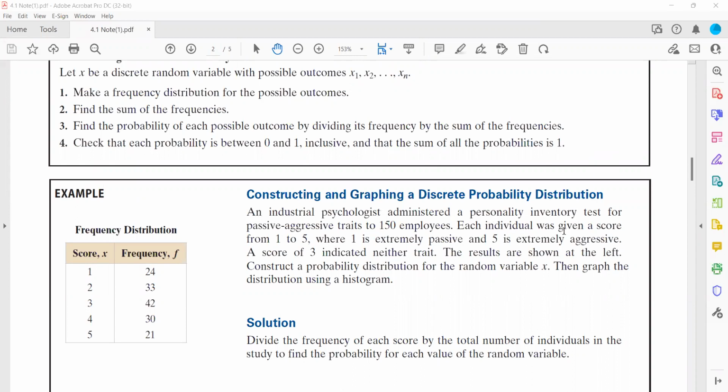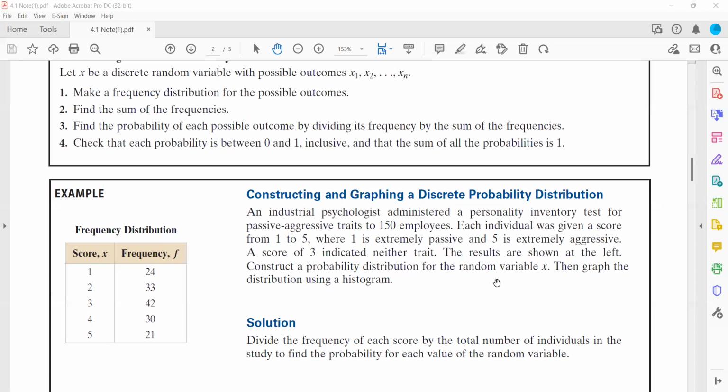Each individual was given a score from 1 to 5, where 1 is extremely passive and 5 is extremely aggressive. A score of 3 indicated neither trait. The results are shown at the left-hand side. The question says, construct a probability distribution for the random variable x, then graph the distribution using a histogram.